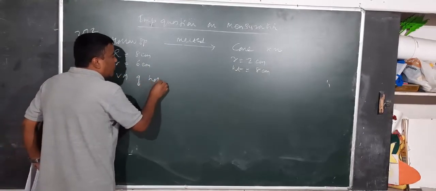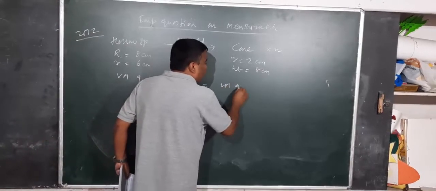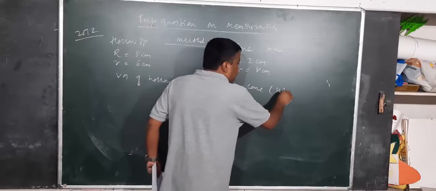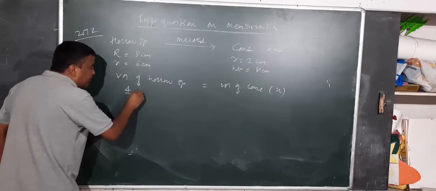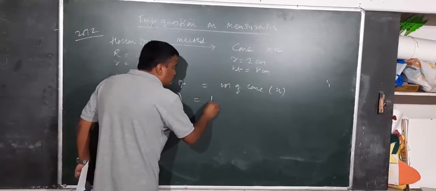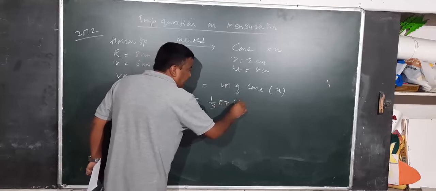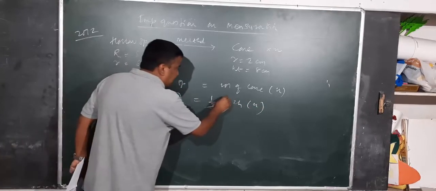Volume of hollow sphere equals to volume of cone into x. Now hollow sphere means 4 by 3 pi (R cube minus r cube) equals to 1 by 3 pi r square h into x. This and this cancel, this and this cancel.